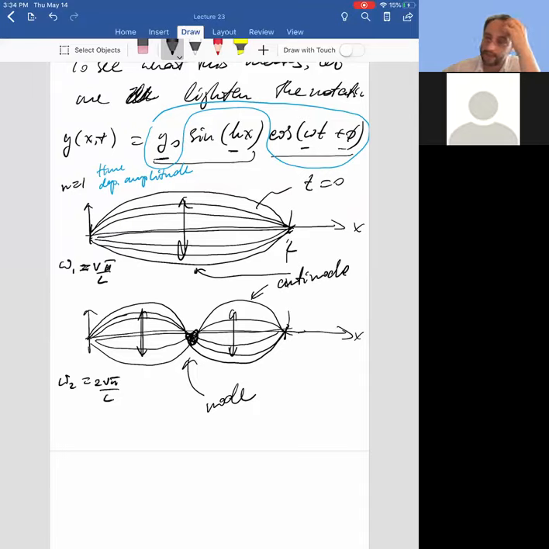In quantum mechanics, wave number can quantify momentum, and frequency quantifies energy. And you can see that here we have a discrete ladder of solutions with a discrete set of frequencies.